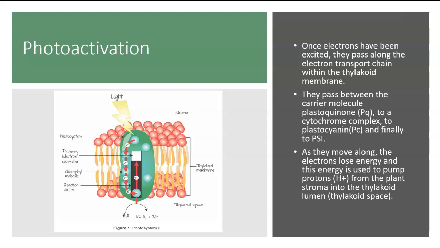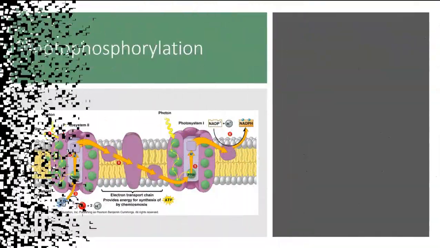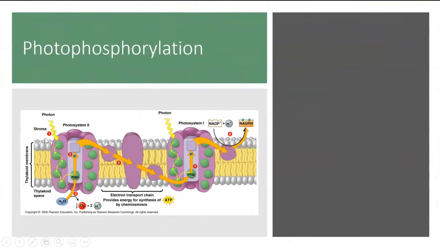This energy is used to pump protons, our hydrogen ions, from the stroma into the thylakoid lumen, the thylakoid space. So we've got our electrons becoming excited, they go into the system there, and then they move along the chain over to photosystem 1, and that's our electron transport chain there.